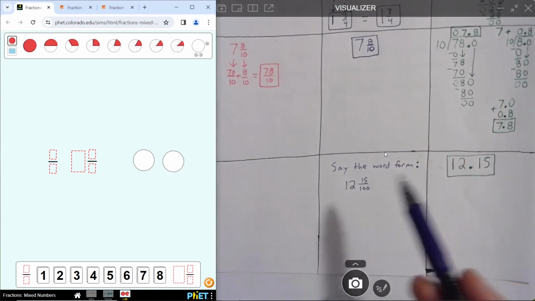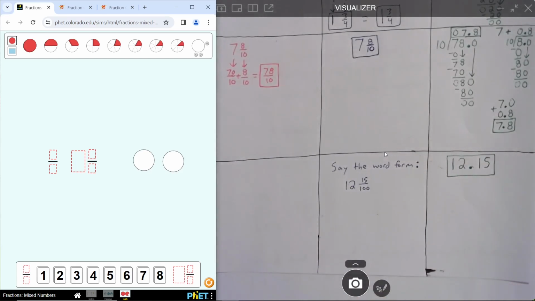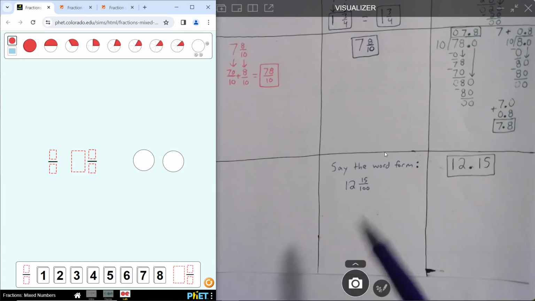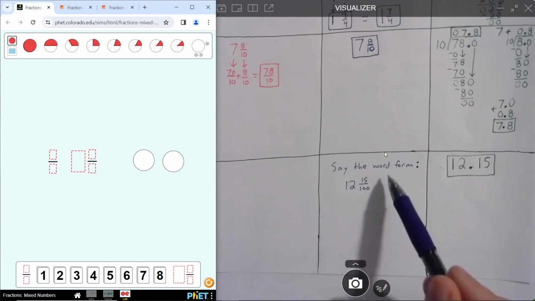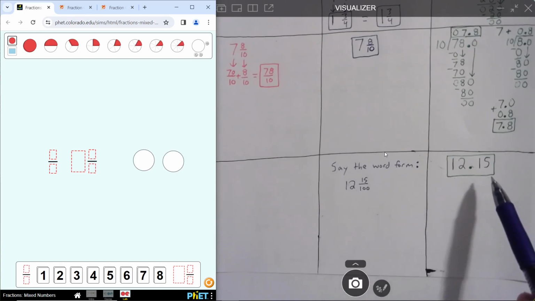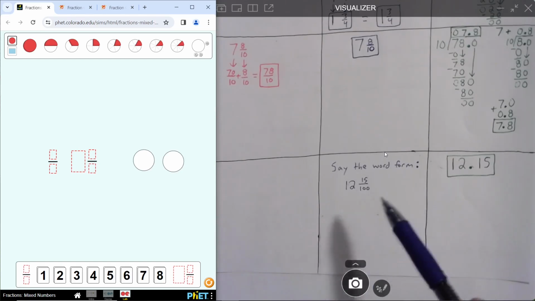So if you were actually saying the word form and writing it out in words, then you write out the word 12, then the word and then 15 hundredths. But we are writing this as a mixed number. So 12 and 15 hundredths as a decimal equals 12 and 15 hundredths as a mixed number.